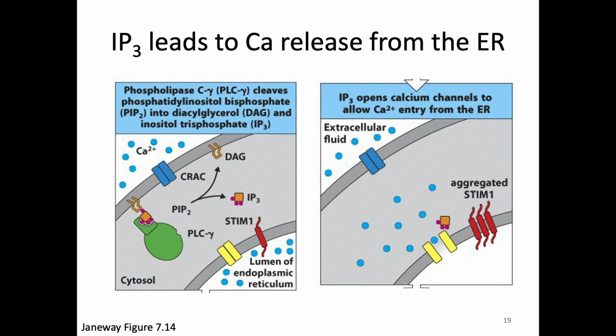When IP3 binds to the IP3 receptor, suddenly we open the gate and let the calcium out of the ER. It goes from high concentration to low concentration, a simple process, when we open that calcium channel. Suddenly we flood the cytoplasm with calcium. This is a big change in the cytoplasm. You have one molecule of IP3, you get a ton of calcium, and so it really amplifies the signal.